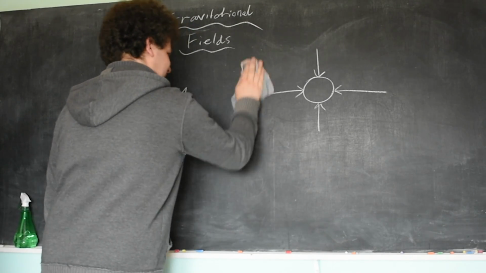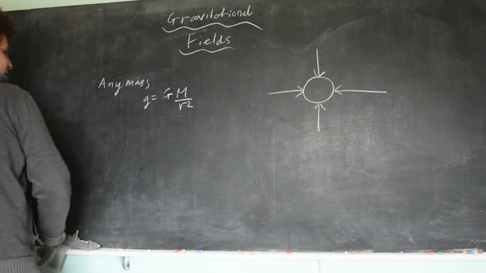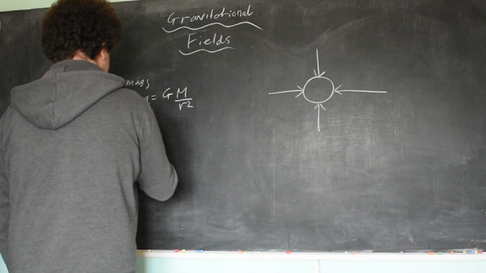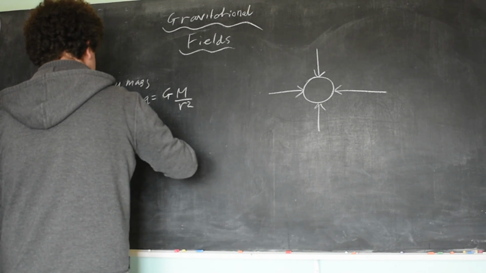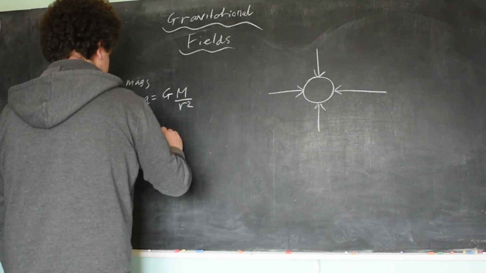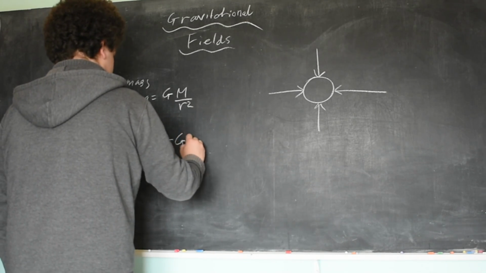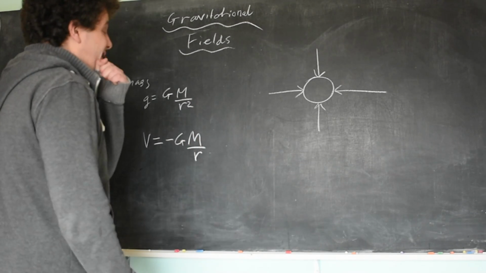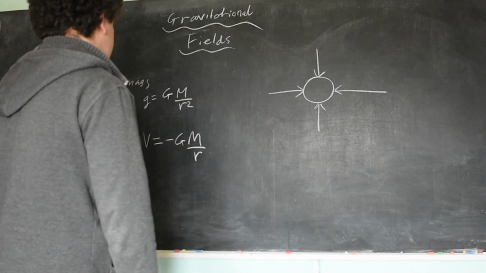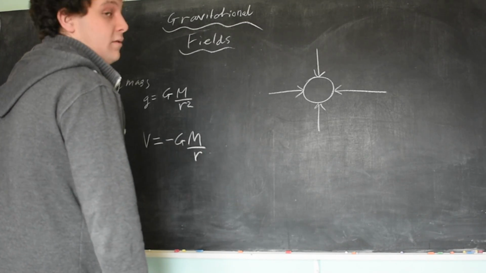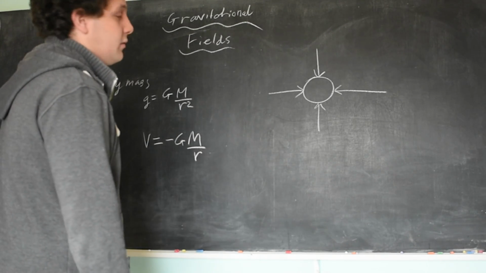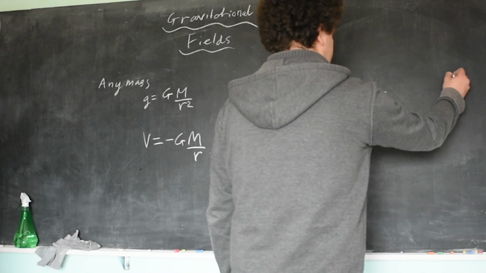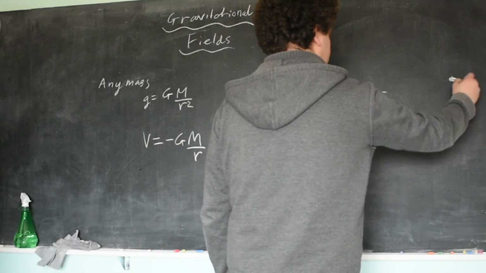We're learning. And then for potential, a point per mass, which is V, it is negative G m over r, not r squared. Which is the energy it takes for a unit mass to be brought from infinity to that distance away from the mass.